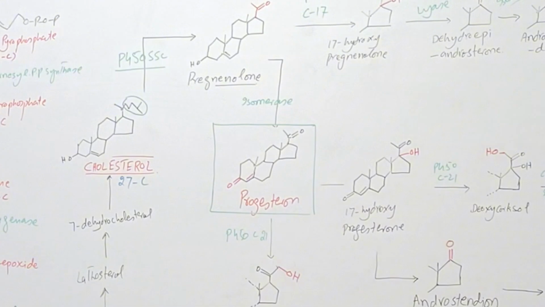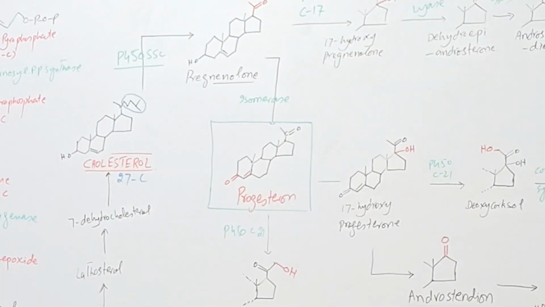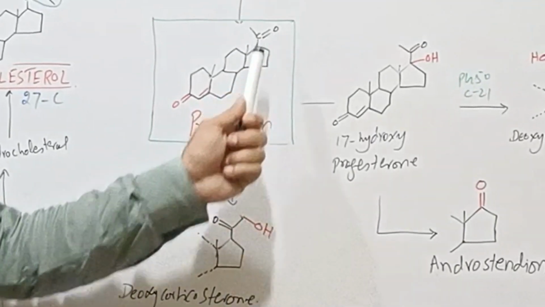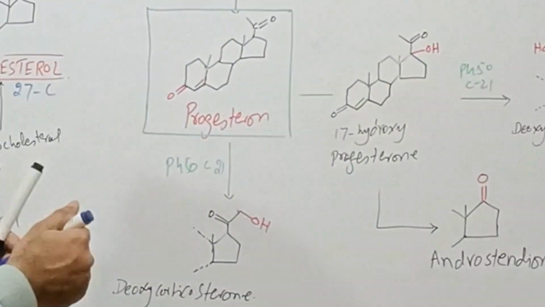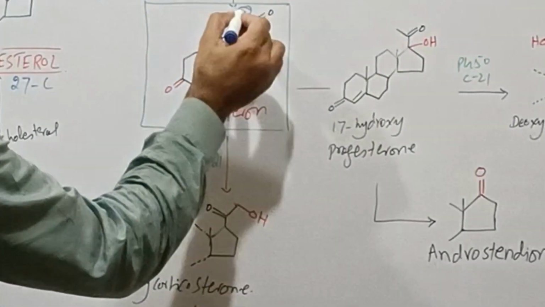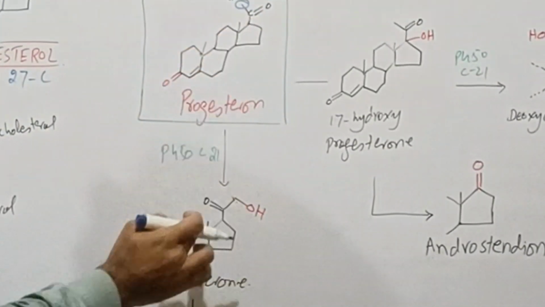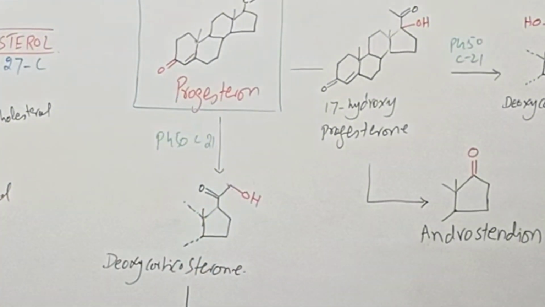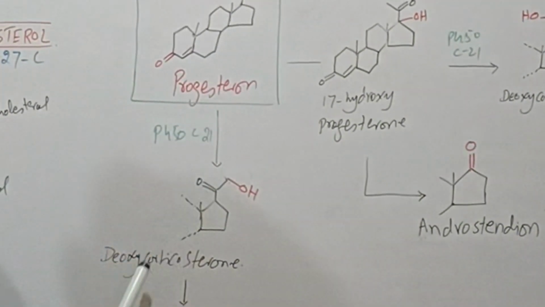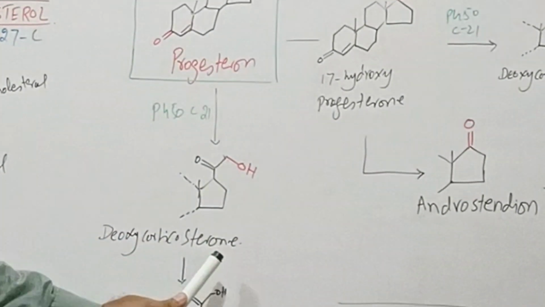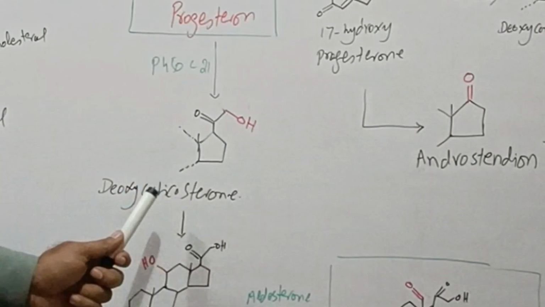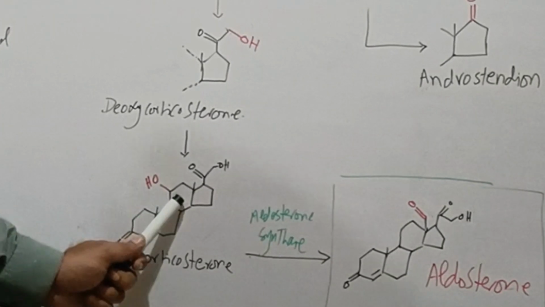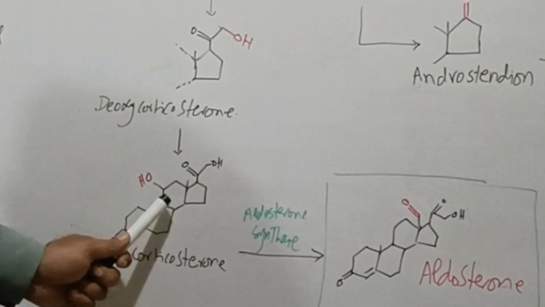Okay, now let's see how aldosterone is prepared. The progesterone formed undergoes hydroxylation over this carbon. Here hydroxylation occurs, the rest of the structure remains the same, and progesterone is converted into deoxycorticosterone. This deoxycorticosterone undergoes hydroxylation in the third ring of the steroidal nucleus.